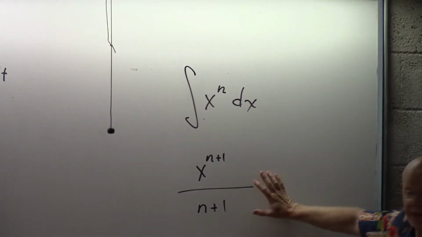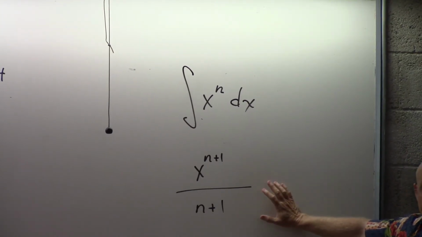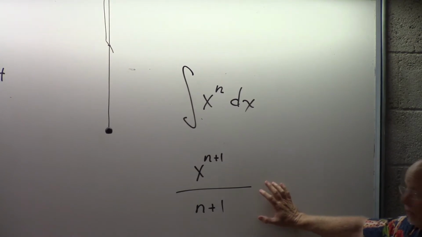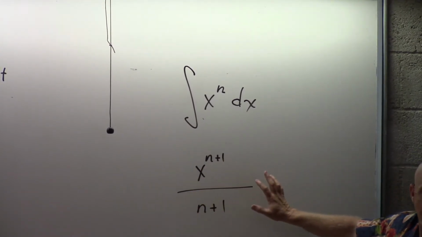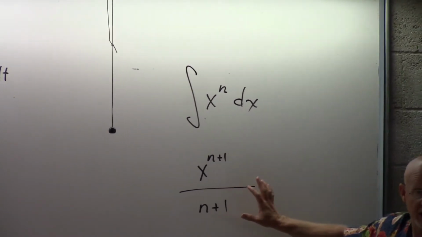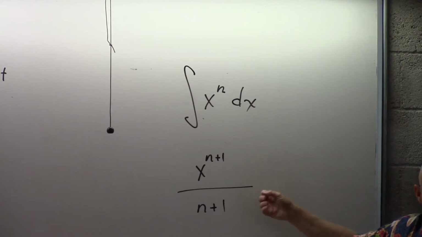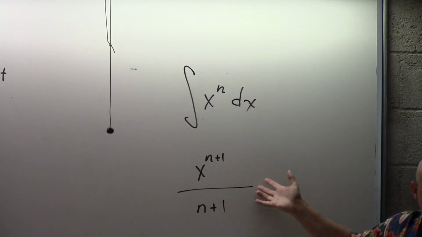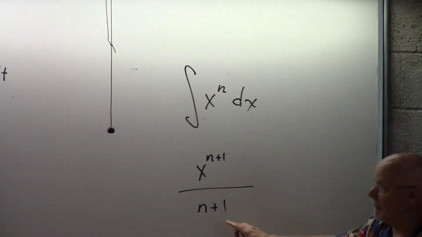Our integrals will be power functions. So those of you who it's been a while since you've done calculus, or I know some of you online are actually struggling through the calculus right now, the calculus we will do, this is the hardest thing. And the reverse of this, the derivative. So these are called power functions. When you have a power function, you just raise it by 1 and divide by that new exponent.